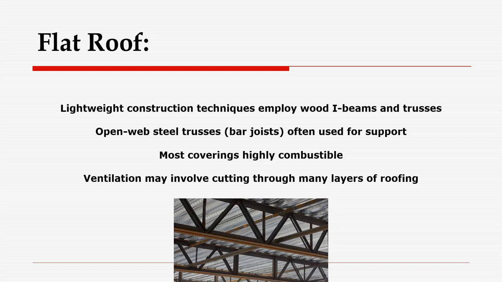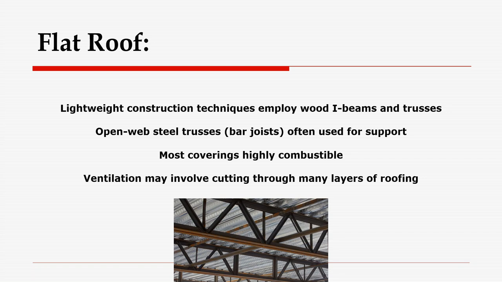Flat roof construction techniques use either I-beams or trusses. Most often they're trusses in commercial, I-beams in residential. But we were talking about those open web steel trusses or bar joists back on type 2 construction on that side. And we talked about how they're often used for support. Most coverings are highly combustible.